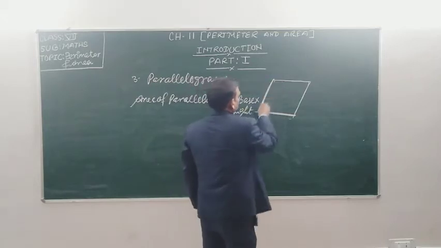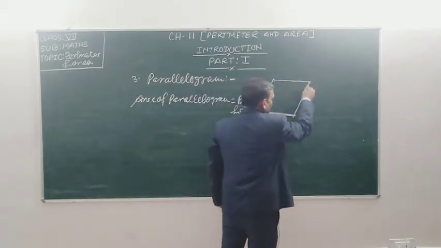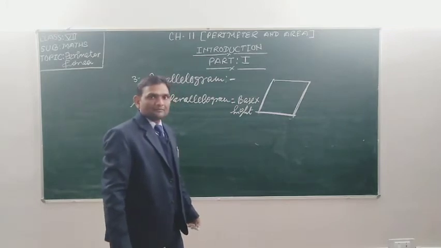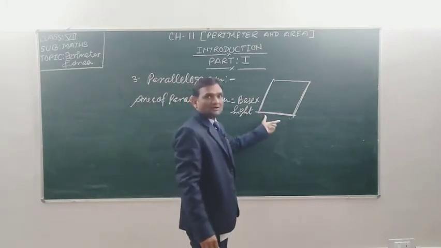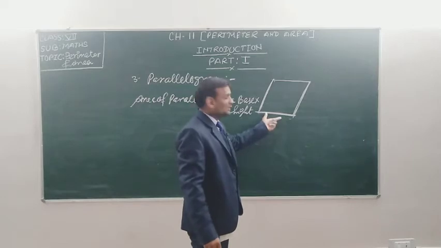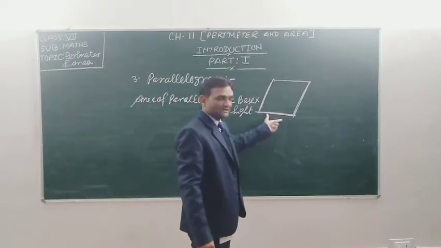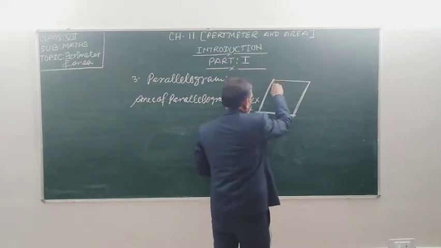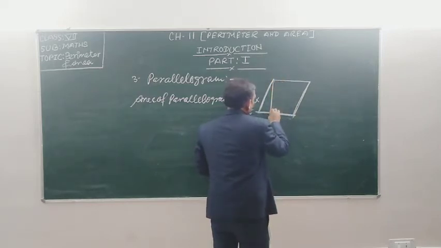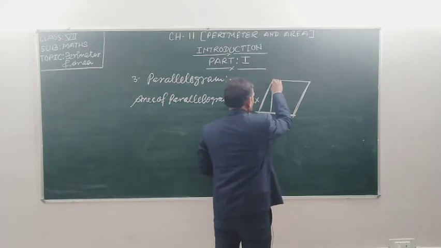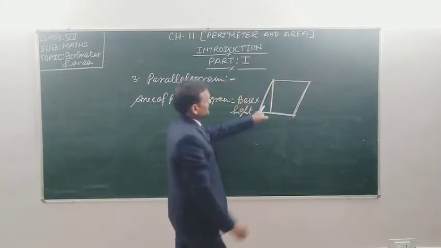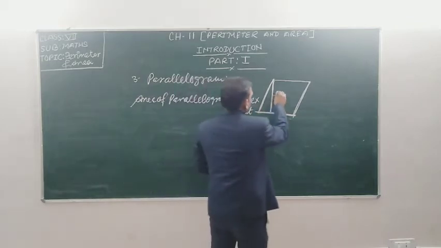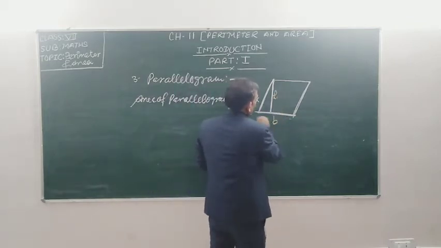This is not the height of the parallelogram. From any vertex which lies opposite to the base line, from there we draw a perpendicular line on the base, like this. So this is my height and this is my base.